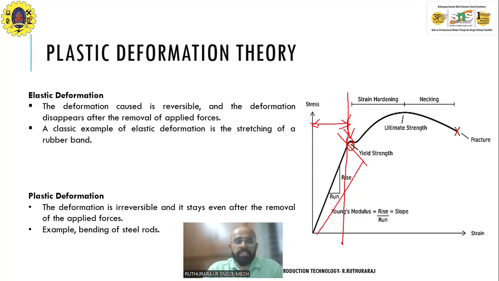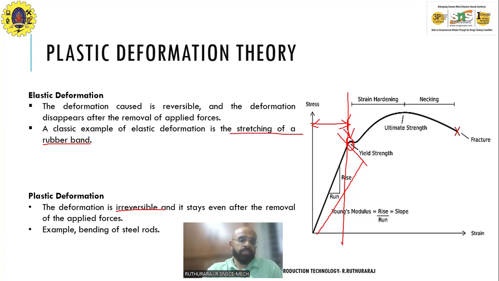As the name indicates, elastic means when you apply the tensile load, it will stretch, and once you remove the load, it will go back to its original position. That deformation is called elastic deformation. An example of elastic deformation is stretching a rubber band. But plastic deformation is an irreversible deformation. Once you apply load and remove the load, the material will remain deformed.